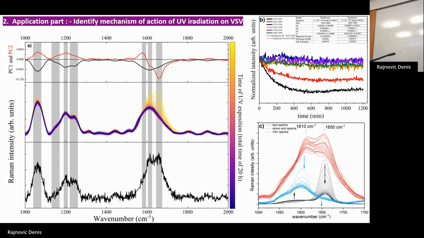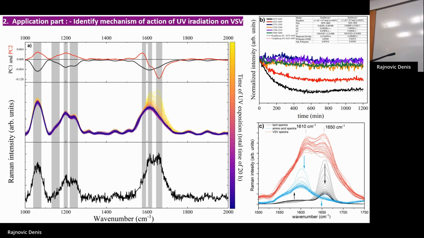I was monitoring the kinetic profile of these two components. The black one is lipid, the blue one is the amino acid part. So you can see the kinetic profile of the band 1650.